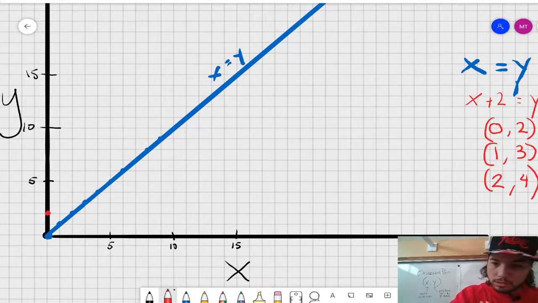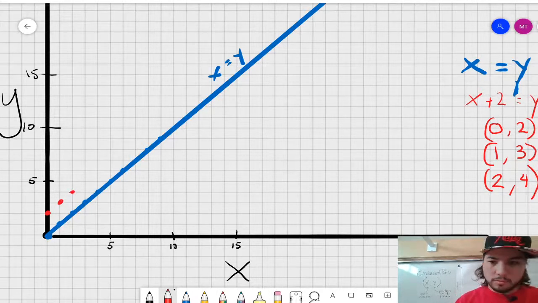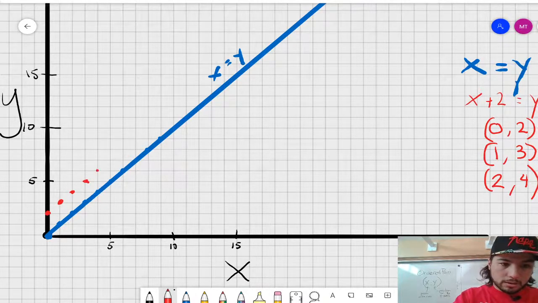(0, 2). (1, 3) goes there: 1 spot over, 3 spots up. (2, 4): 2 spots over, 4 spots up. What would come next? Yeah, we can already see that pattern there. Look at that. Going up, up, up, up, up.